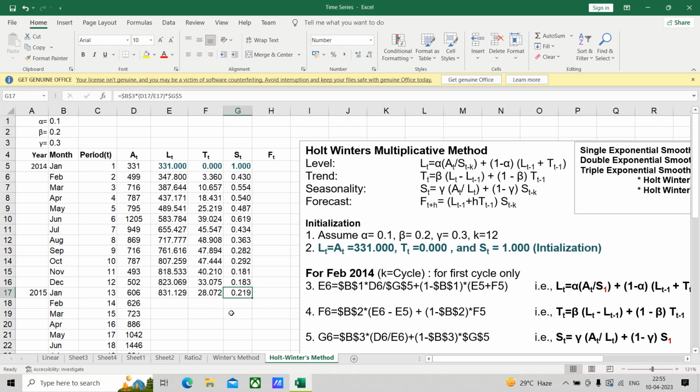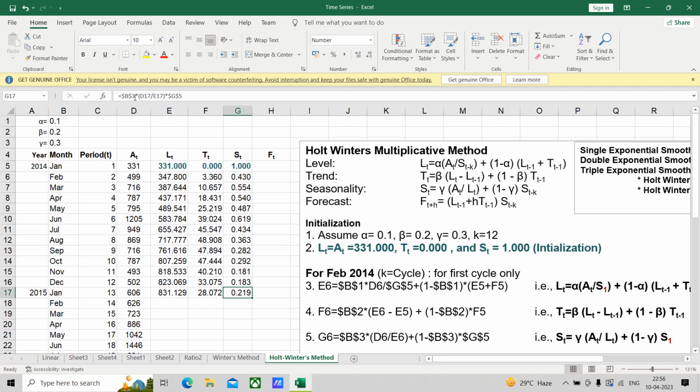To change it to relative mode, we click this cell and go to the formula bar. In the formula bar, $B$3 represents the gamma value. Alpha, beta, gamma, the values of alpha, beta, gamma will remain the same for all periods for each year, so it is always in absolute addressing mode.